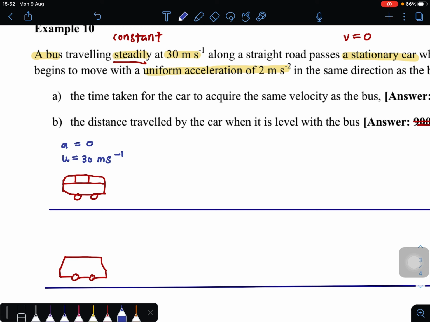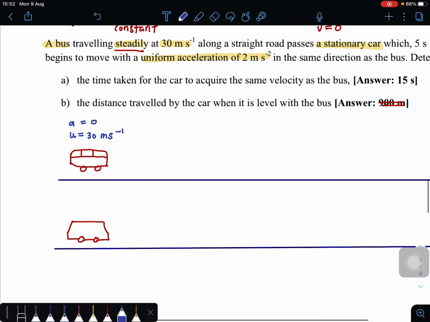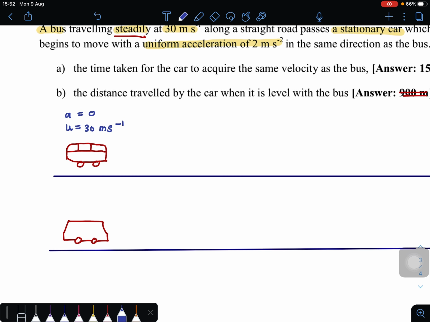Maksudnya dia tidak akan accelerate. So acceleration dia kosong. And then this car here is stationary. So initial velocity dia adalah kosong. So dia stationary. So kalau velocity kosong, acceleration pun kosong. Okay, let's just not write that one first.